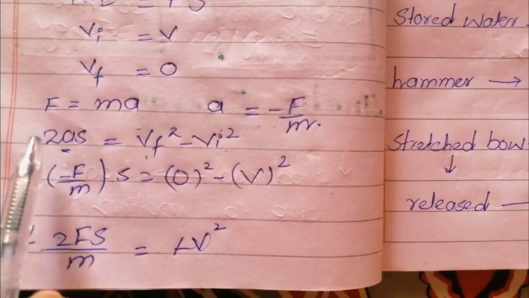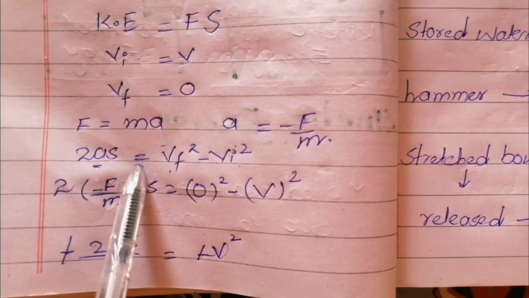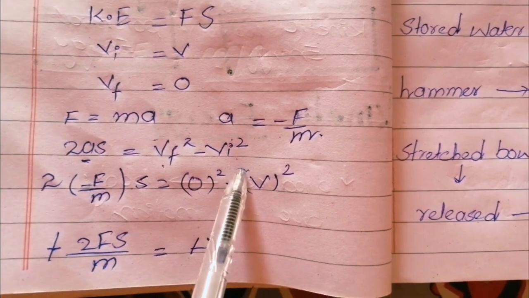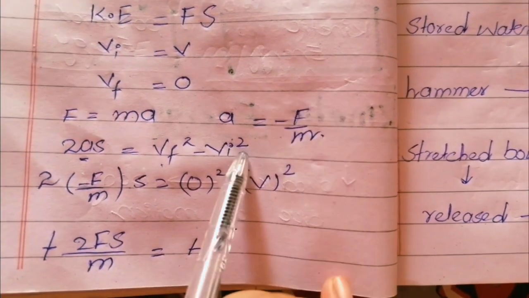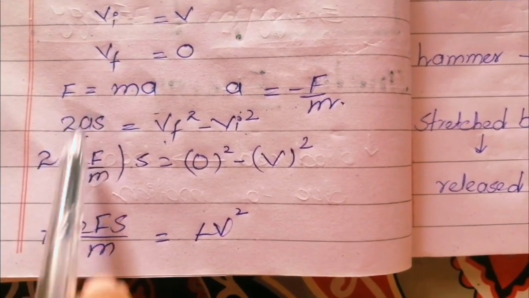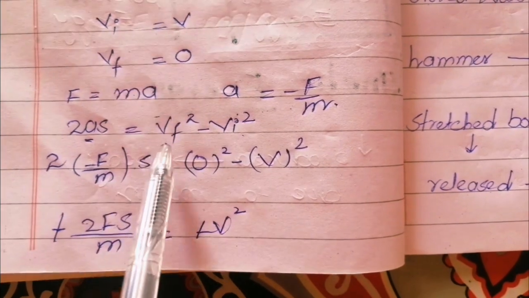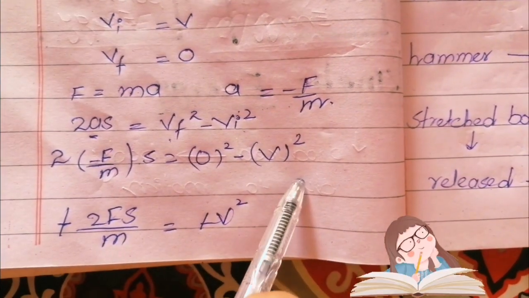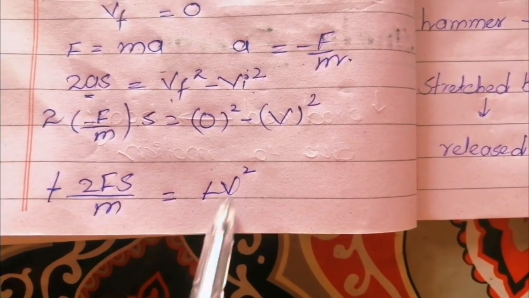According to the third equation, 2as is equal to Vf square minus Vi square. After that, we will put the value of acceleration, a equal to minus F over m, in the third equation of motion.